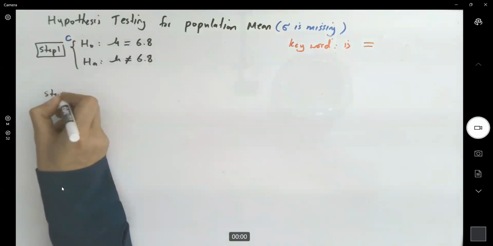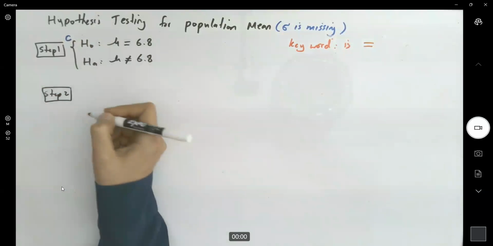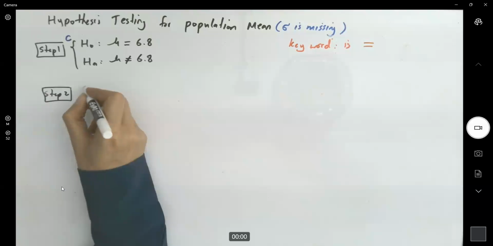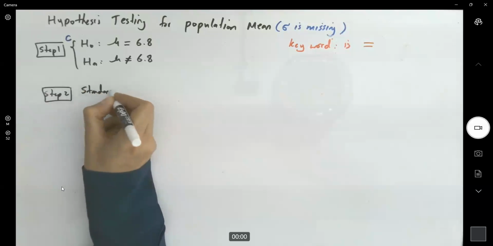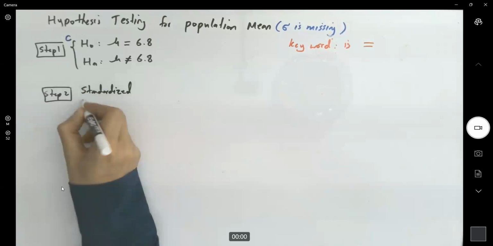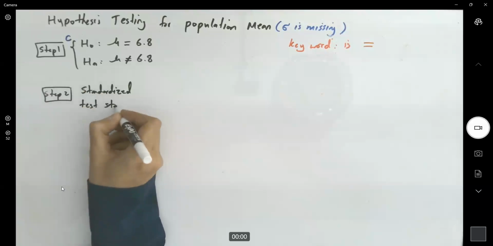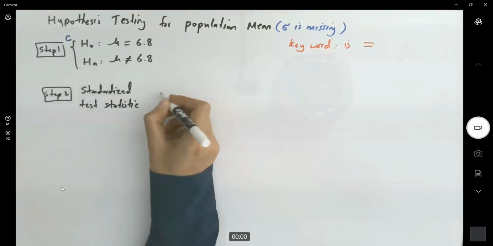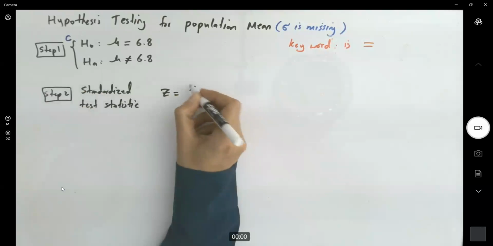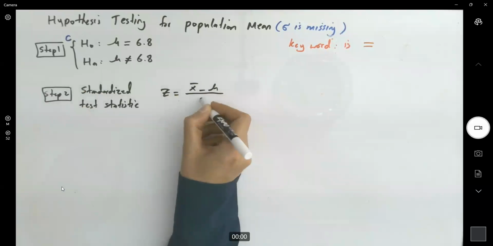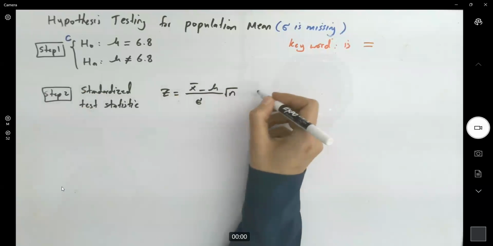Okay, step 2. What is our standardized test statistic? Is it z, which is x bar minus mu, divided by sigma over square root of n?